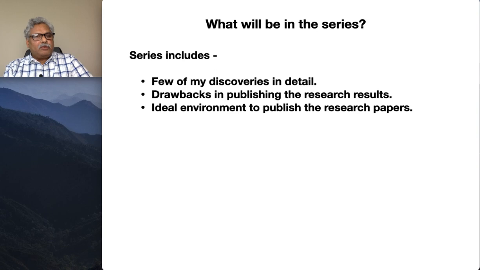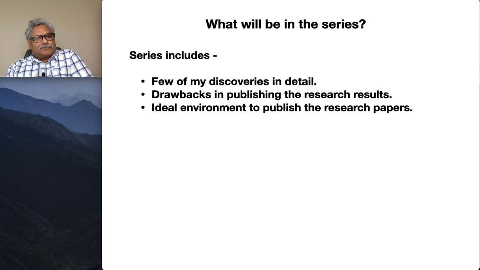So what will be there? First I will post some of my discoveries. I'll post probably a couple more discoveries, and then I will go back to seeing why this chaos is happening, why there is so much confusion in the sciences.